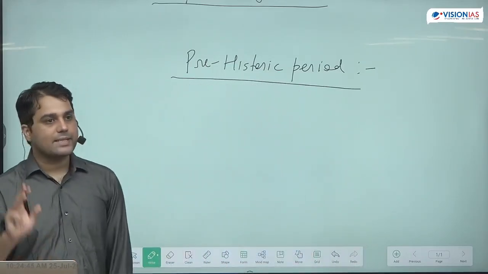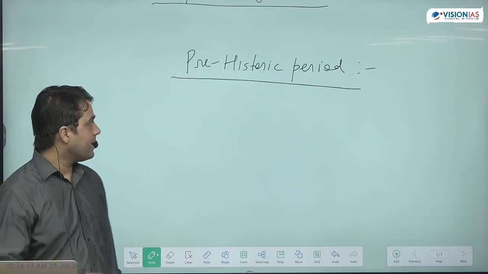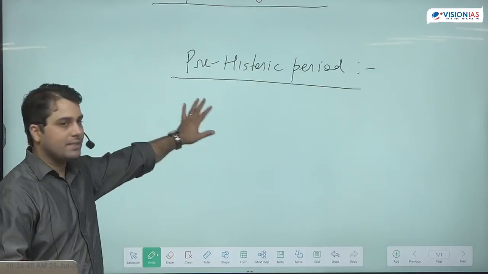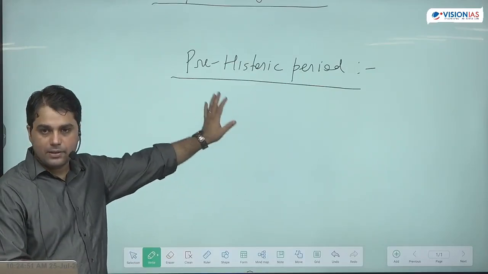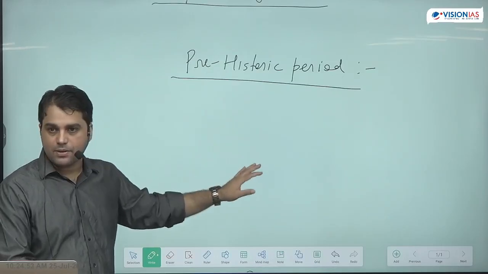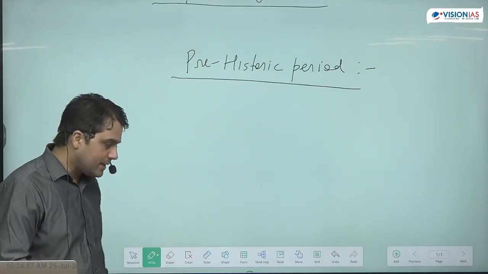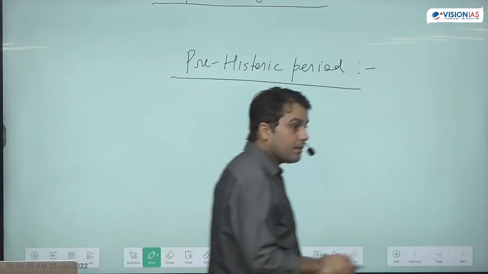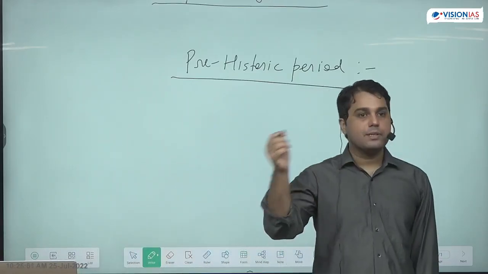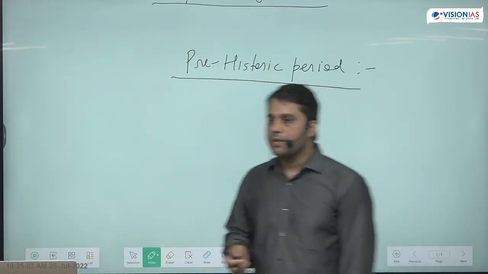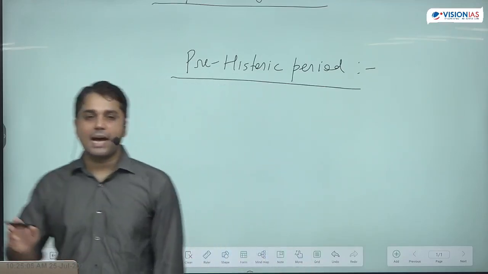So based on these 3 criteria, you can divide the prehistoric period into 3 ages. The first is called the Paleolithic age, the second is called the Mesolithic age, and the third is called the Neolithic age. In the Paleolithic age, lithic, by the way, means tools. Paleo means old. So we are talking about stone tools as they were present.